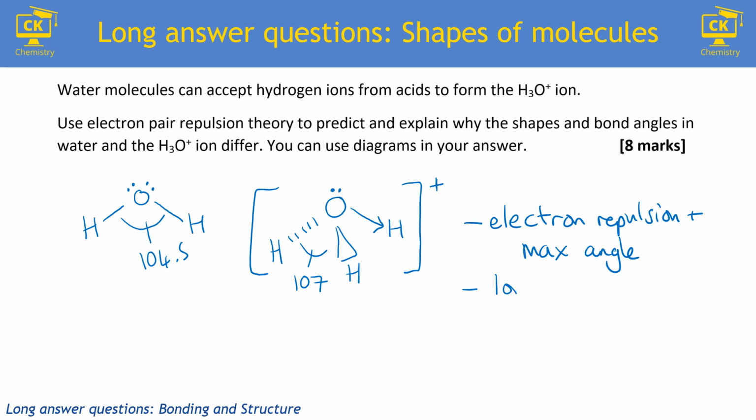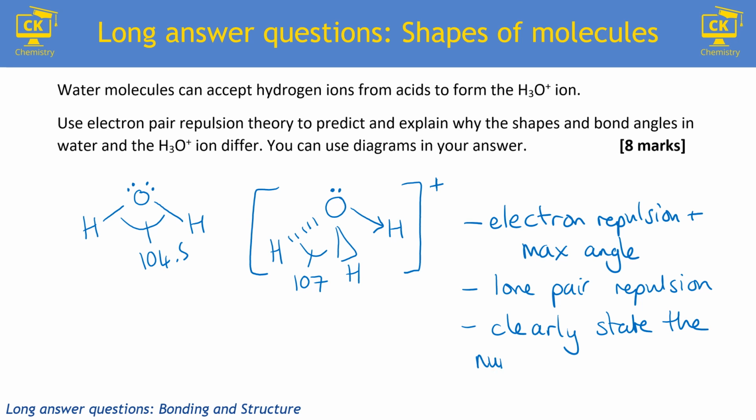Then you can talk about lone pair repulsion, but don't forget somewhere to clearly state the number of pairs or areas. If it's double bonds, it's not going to be a pair, it's going to be 4, but it's still going to be one area. And you're going to separate that into the number of bonds versus the number of lone pairs. And that's how you get really high marks on a shapes of molecule or ion question.